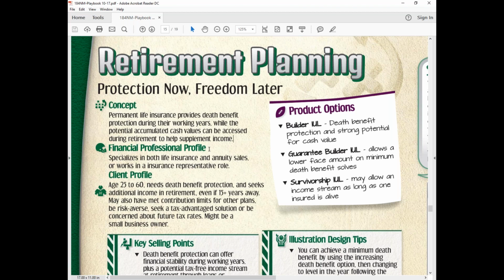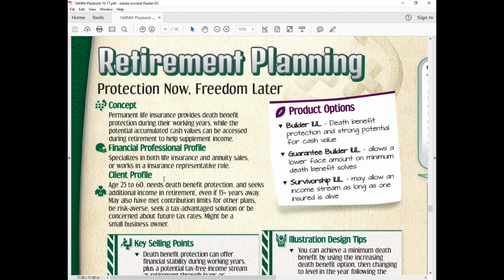We even go through the financial professional profile, really talking about who would be a good individual to add this to their portfolio. All you agents on the phone, if you are in an insurance representative role, you're going to have a great opportunity to talk to your clients about their retirement planning. One of my favorite things here that people ask me is who is a great candidate to talk about retirement planning to. We've narrowed that down to people who are between the ages of 25 and 60.